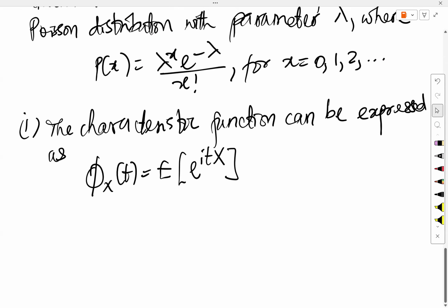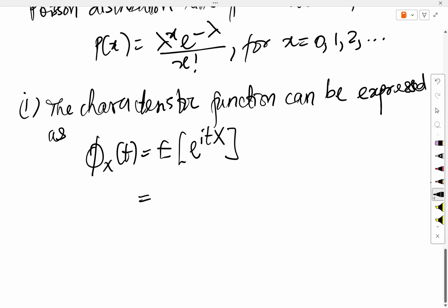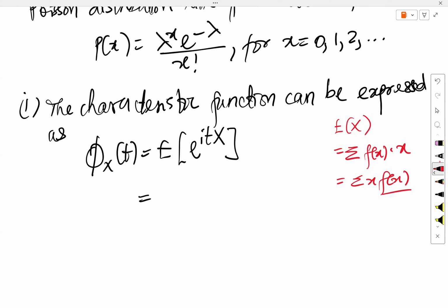If we want to apply that to the Poisson distribution, you know the idea of expectation: generally speaking, if you're looking for the expectation of x, it's usually the summation of x times f of x. So this f of x is whatever distribution you are defining.